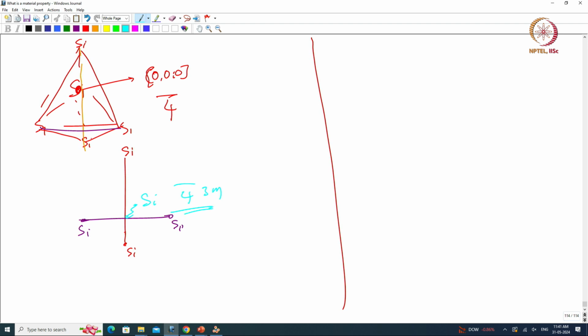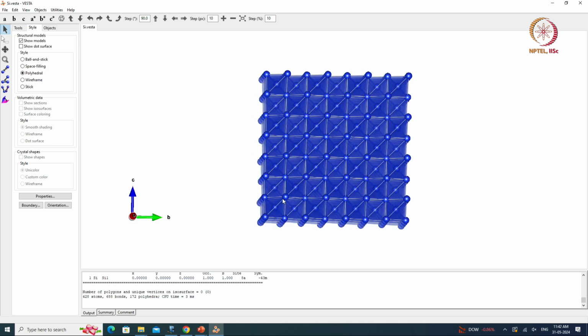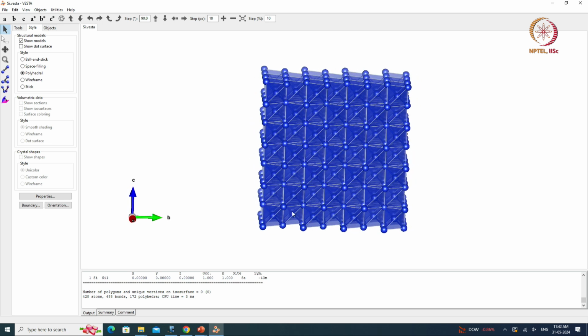So I have a 4 bar 3 m symmetry about that point. That point is equivalent to all the other silicon positions also, so about any silicon position I have a 4 bar 3 m symmetry. That's how I'm going to look at this.